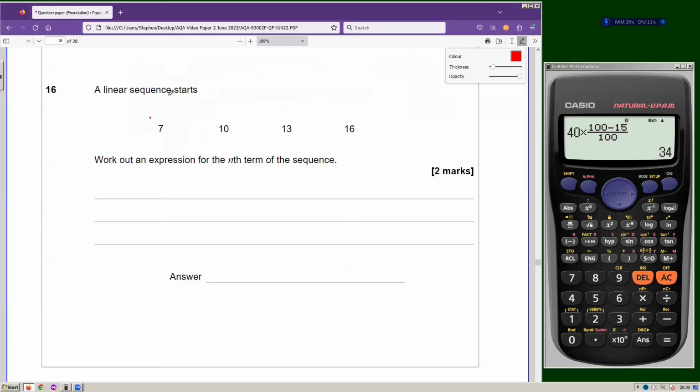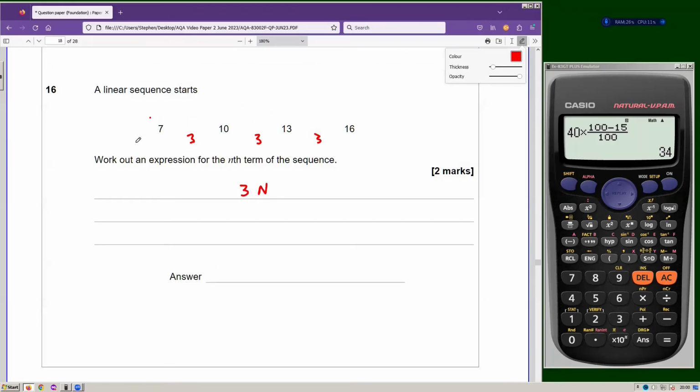A linear sequence starts 7, 10, 13, 16. Work out an expression for the nth term of the sequence. Well, it's a linear sequence, so it's going to be the same difference. The difference is 3, 3, 3. So it goes up by 3. So it's going to be 3n for the nth term. Okay.